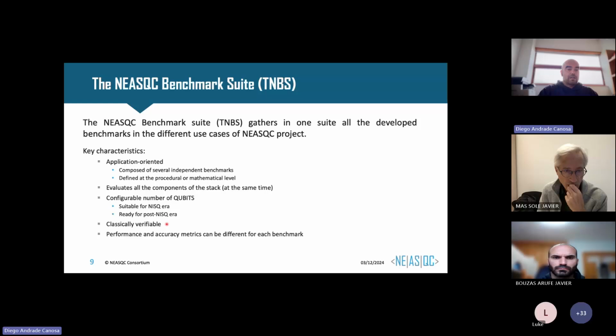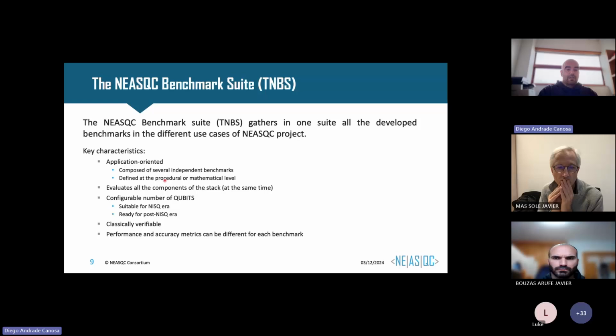And these are some key characteristics. One of them is that they are application-oriented. So this means that they are composed of several independent benchmarks that are extracted from real use cases of quantum computing. These benchmarks are defined at the procedural or the mathematical level.